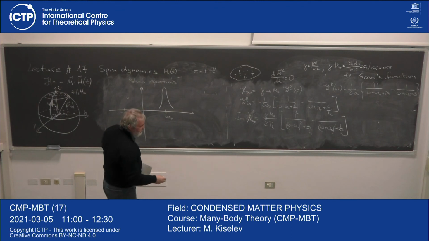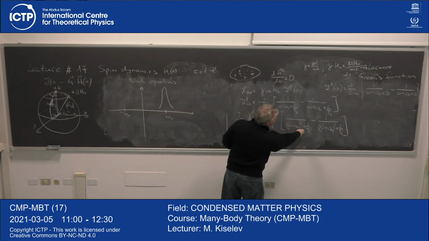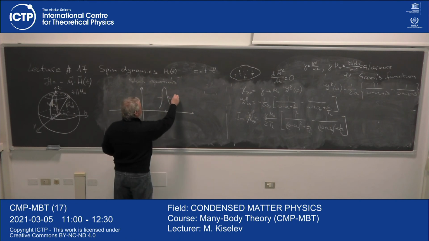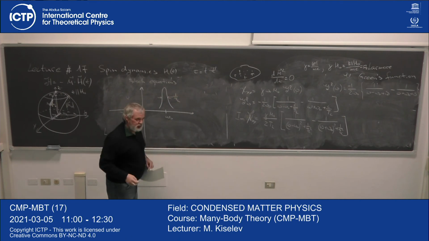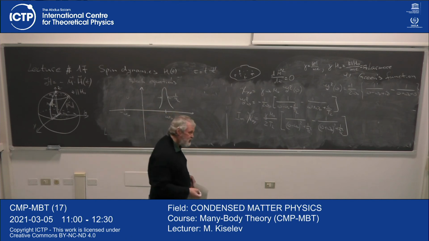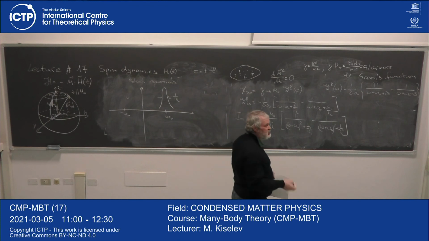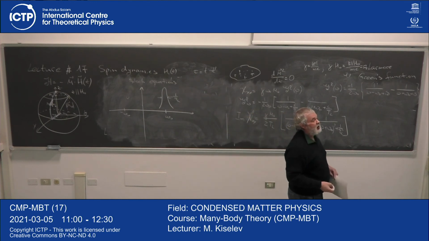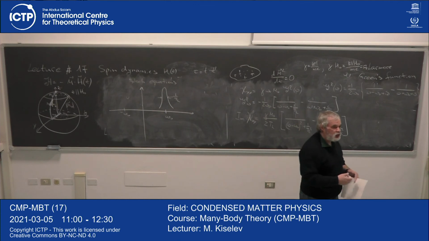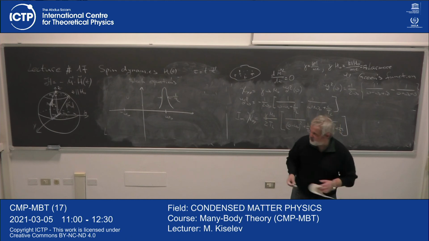The half width of this Lorentzian at half height gives you 1/T2. So this is the width of the Lorentzian. Therefore, the same sort of measurement, namely measurement of the imaginary part of susceptibility, gives you not only information about the spectrum, in this case the frequency of precession, but it also gives you information about the width of your line, and therefore it gives you information about relaxation.